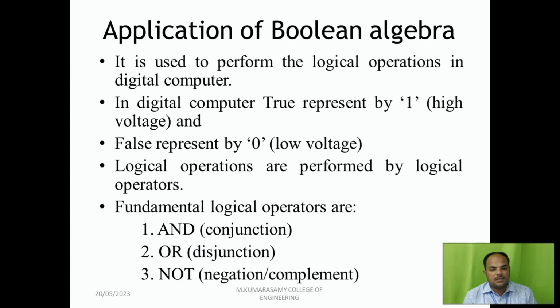Now, in terms of digital computers, the logic high, that is 1, acts like a true condition, because computers can understand only true or false conditions. Here the logic low, that is 0, will be considered as false, that is low voltage. So these are some logical operators like AND, OR, NOT. These are called basic gates.